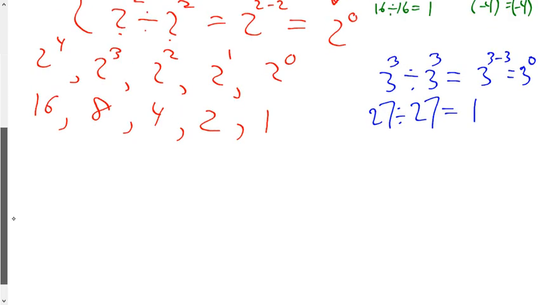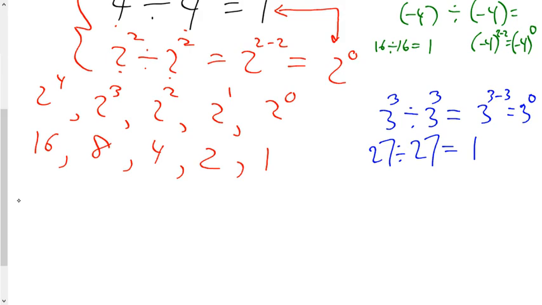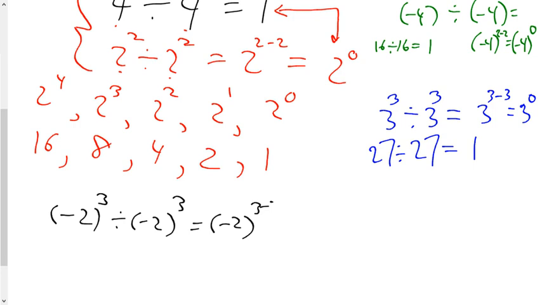I'll do one more just because I want to make it a negative standard form. I'll put it up here. There you go. One more, I'll do it in black ink. Let's go negative 2 cubed divided by negative 2 cubed. We know keep the base, subtract your exponents. My answer would be negative 2 to the 0 in exponential form. If I think of it in standard form, what's negative 2 cubed? Riley, you did so good with 2 cubed. What's negative 2 cubed? Negative 8 is correct.